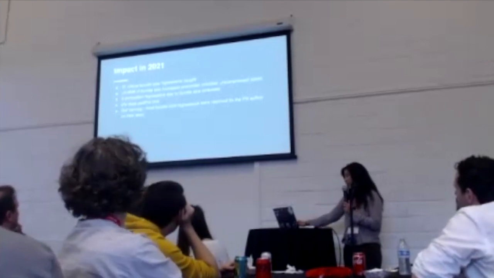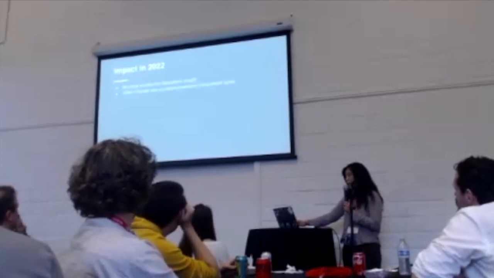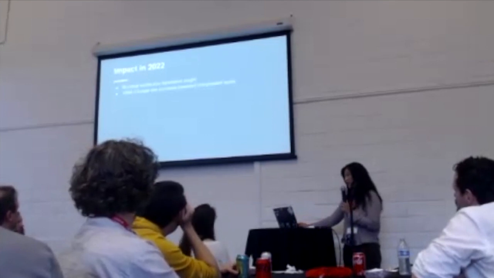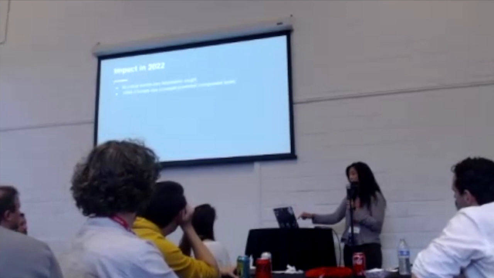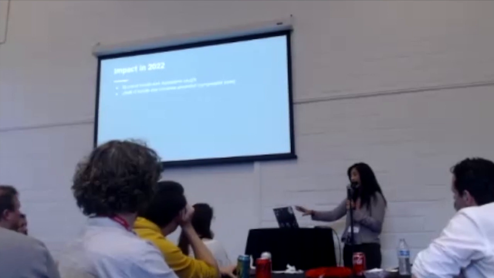Similar story in 2022: 35 critical bundle size regressions caught, over 5 megabytes of increases prevented, and that's after we switched to reporting in compressed sizes. One of the reasons for this is that we actually scaled the check.